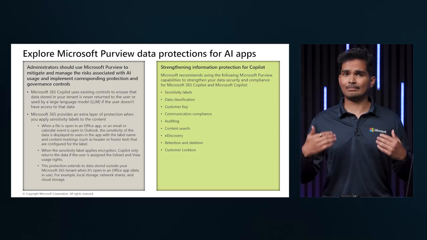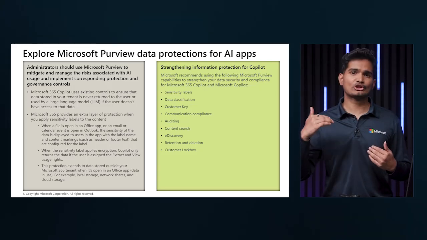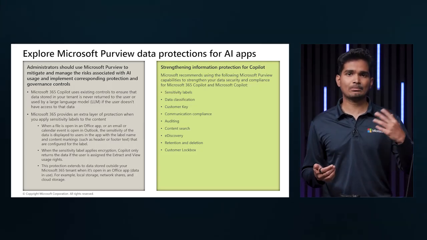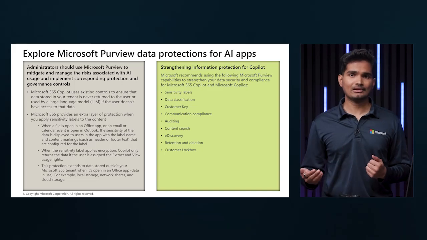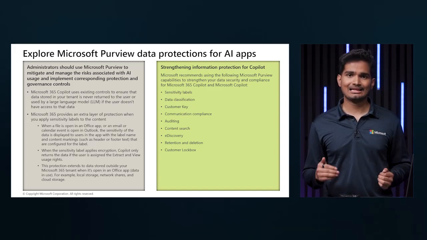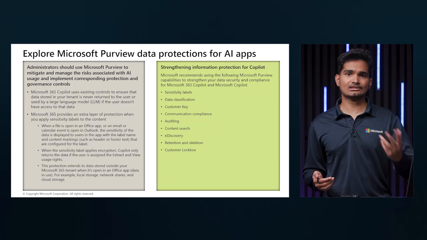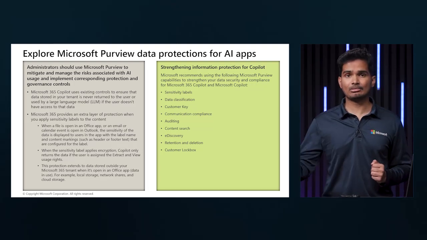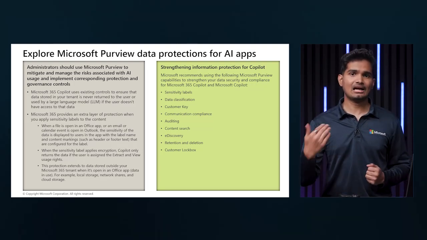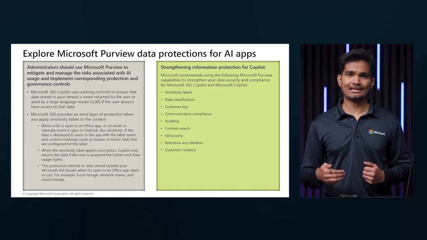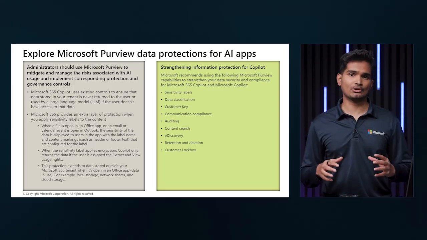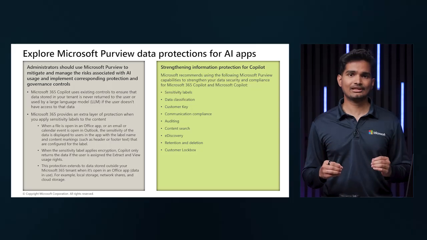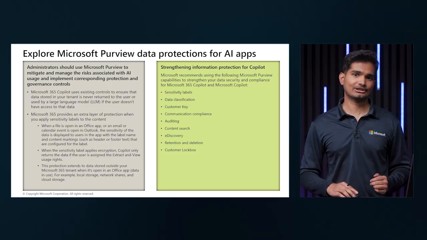Several recommended Microsoft Purview capabilities for strengthening data security and compliance are available, including sensitivity labels, data classification, customer key, communication compliance, auditing, content search, eDiscovery, and customer lockbox. These measures are crucial for maintaining data security and compliance in AI applications.